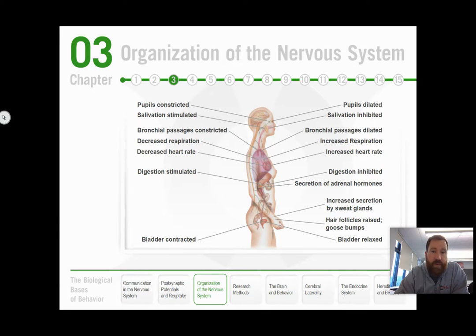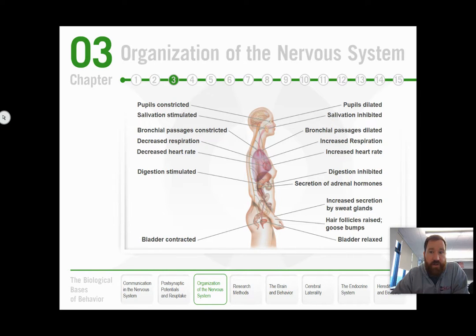Para also means stop in Spanish, as a command, I believe. Maybe I'm making that up, but either way, it helps me remember that. So the sympathetic nervous system increases the things on the right hand side of the screen, and the parasympathetic does things on the left hand side of the screen. Okay.